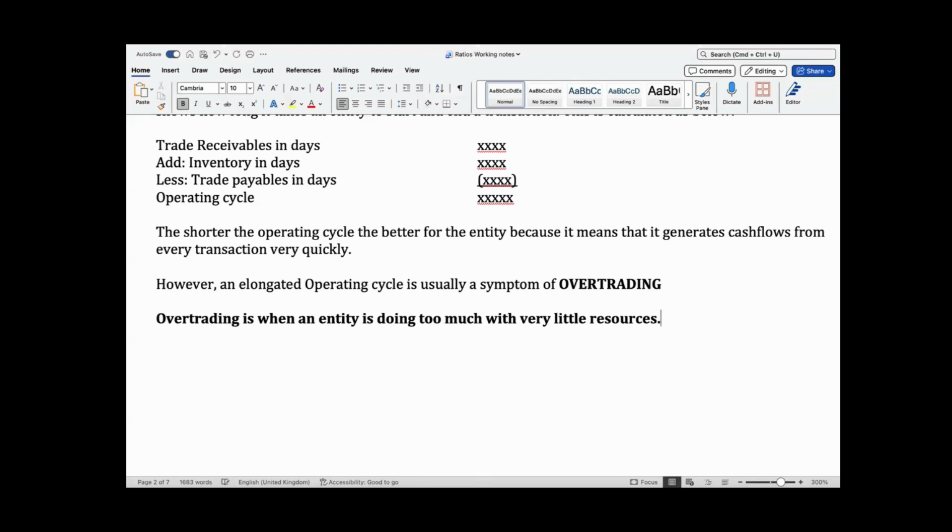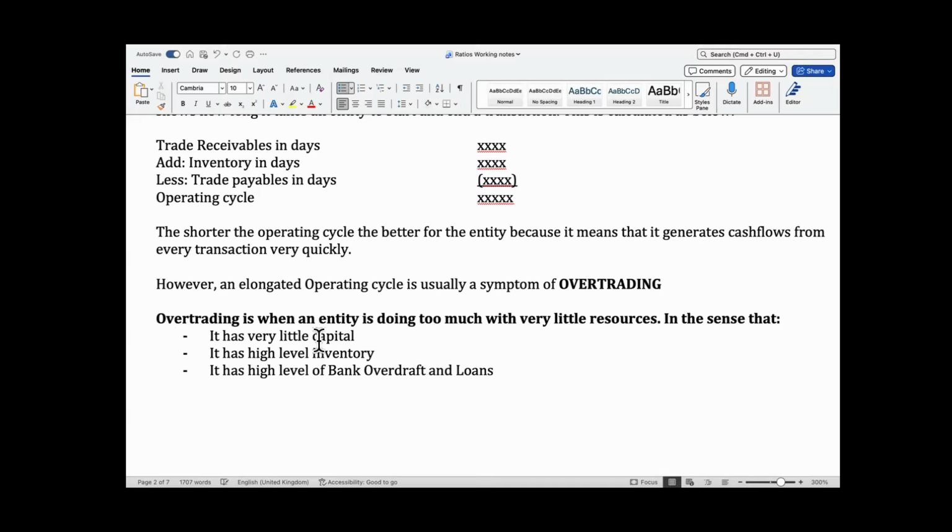In the sense that it has very little capital, it has high level of inventory, which is funded by high level of bank overdrafts, loans, and for it to have high level of this, it has high investment in fixed assets, PPE.